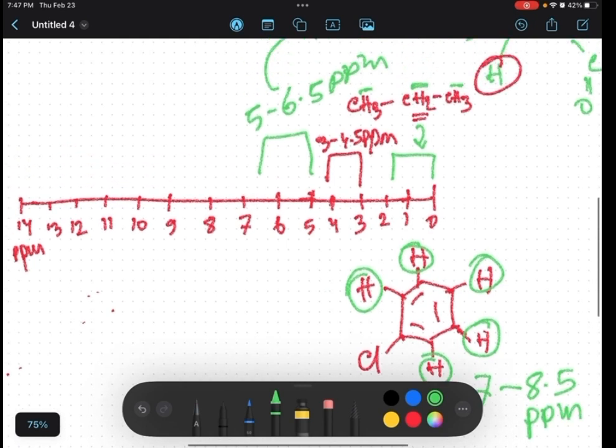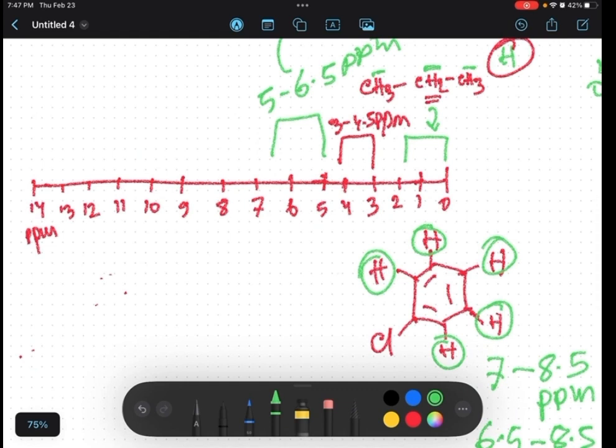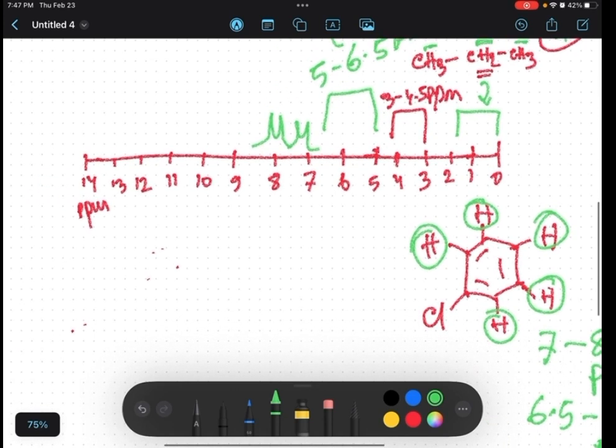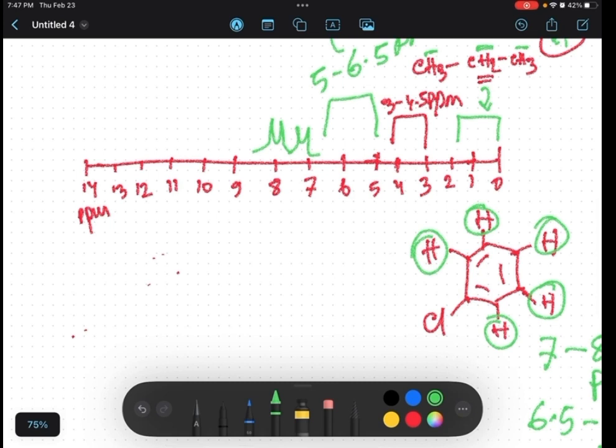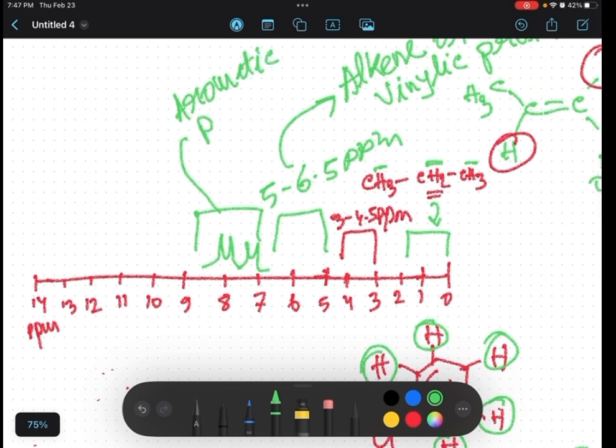Sometimes, in rare cases, it is 6.5 to 8.5 ppm, but mostly 7. If you see any peak around here, you can immediately say, okay, I have an aromatic ring. That's why this area is called the aromatic area, the aromatic proton signal.